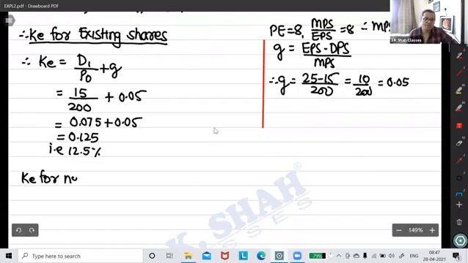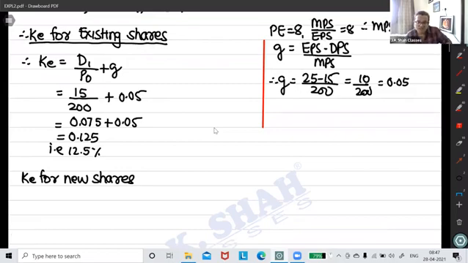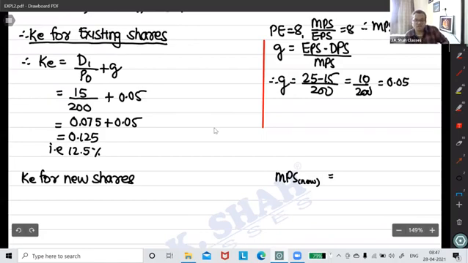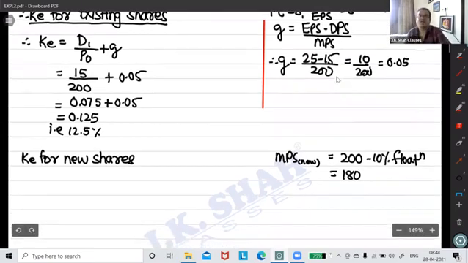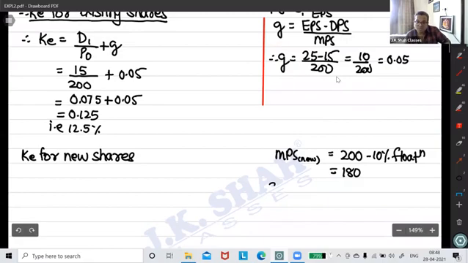Now let's go for KE for new shares. First of all, understand MPS new. What is written in the question? We got 200, but what is written in the question? There is going to be a 10% flotation cost. Correct, people? So we will estimate this as 180. And if the MPS changes, definitely the estimate of growth will also change.